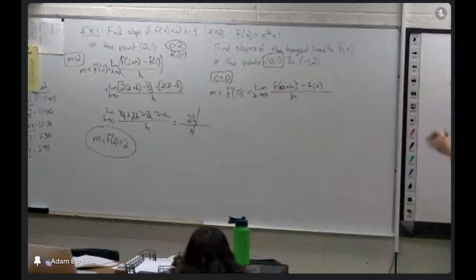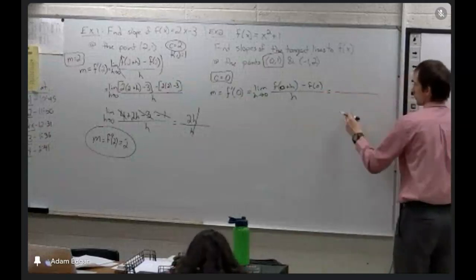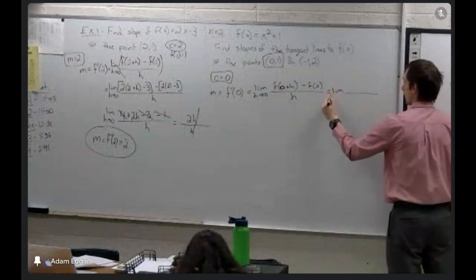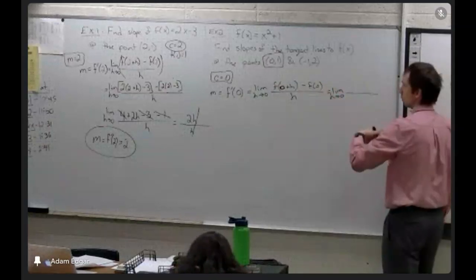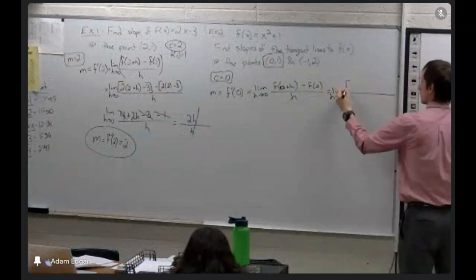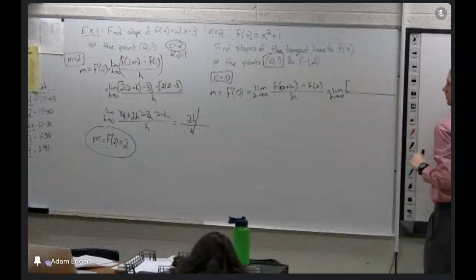Then you go into the actual function and say, okay, what's our actual function this time? Let's set this up using our actual function equation. And then this is where we got to be really careful about what we do with 0 plus h and where does it go and all that stuff. So f of 0 plus h with our function x squared plus 1, what is that going to look like?